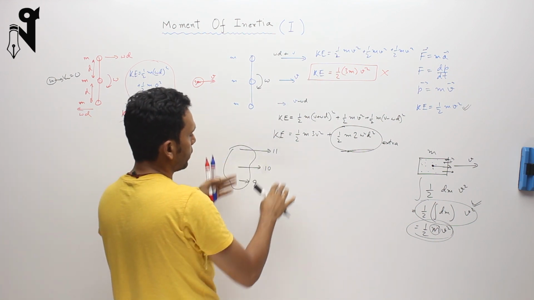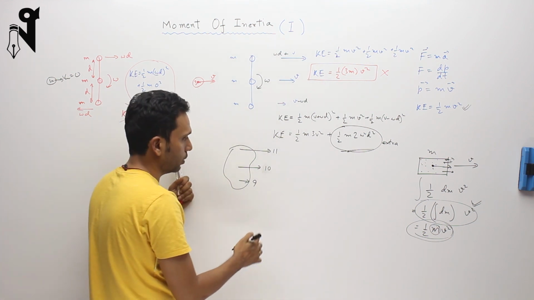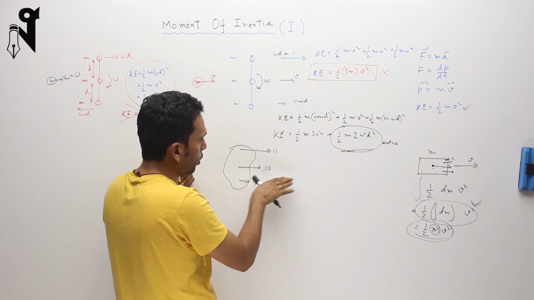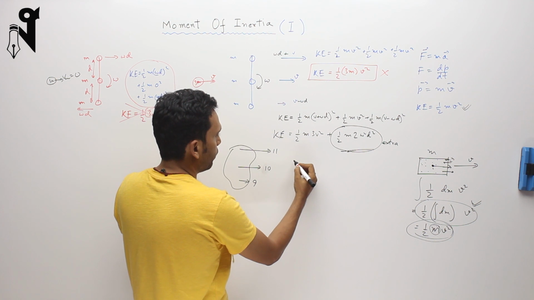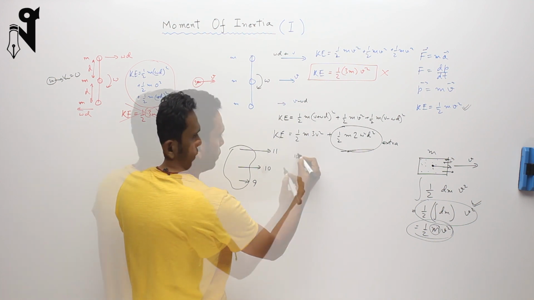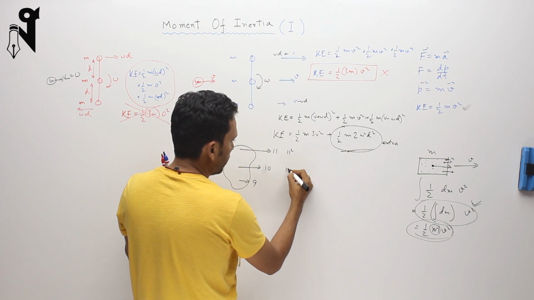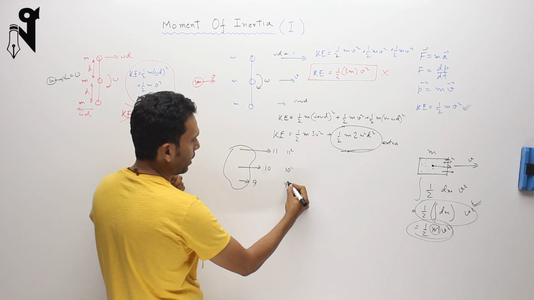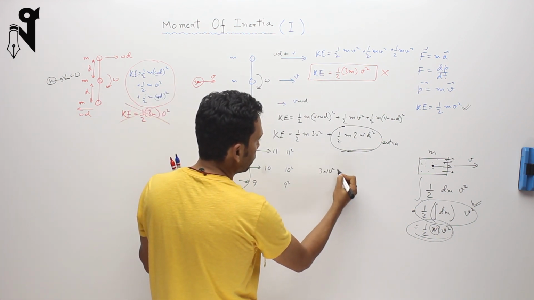So even with masses you can do m1 v1, the literally weighted one, so that way also you can check. What I'm trying to go on to is to show you a mathematical certainty that if I do a kinetic energy calculation, 11 square plus 10 square plus 9 square is not same as 3 times 10 square.